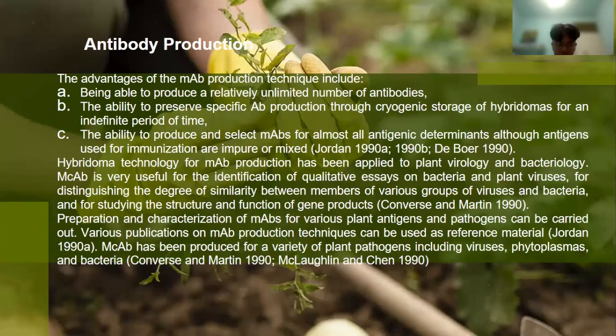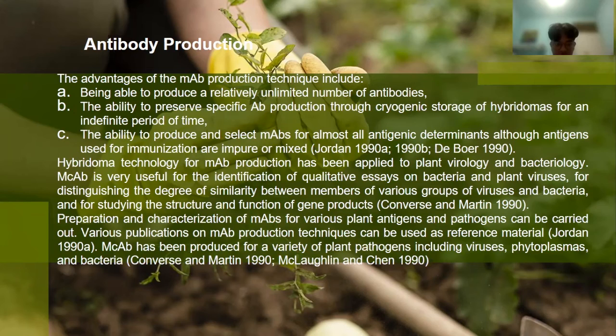Hybridoma technology for MAb production has been applied to plant virology and bacteriology. MAb is very useful for the identification and qualitative assays on bacteria and plant viruses, for seeing the degree of similarity between members of various groups of viruses and bacteria, and for studying the structure and function of gene products.